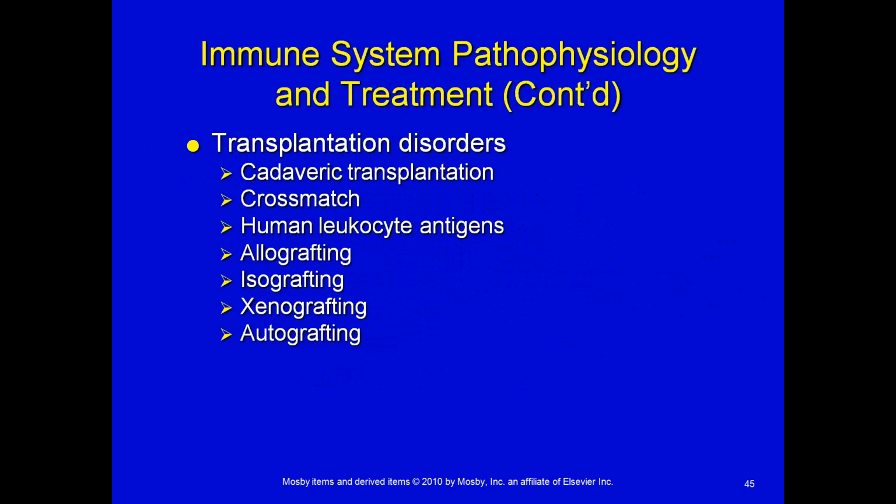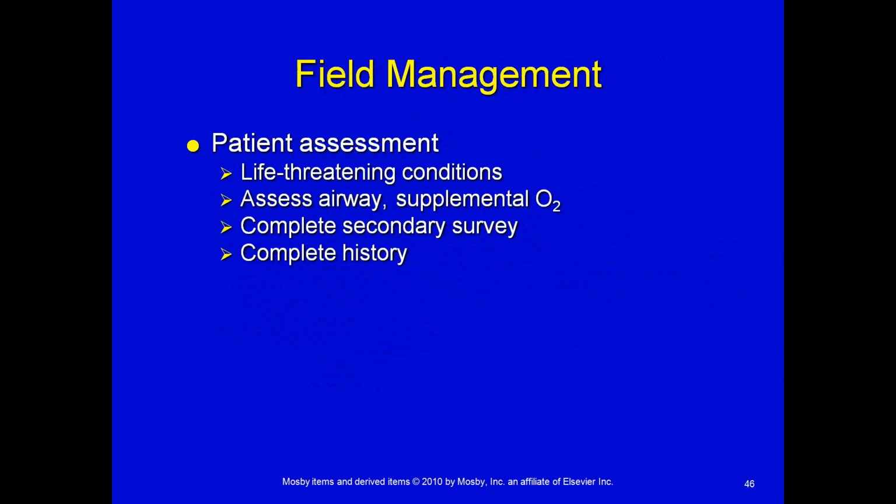Patients who do have transplants take a variety of medications, anti-rejection drugs, drugs to prevent the release of histamine and bradykinins, and so antihistamines and those sorts of things in order to prevent reactions. Now, your field management of somebody with an immune disorder is to do a patient assessment to determine if what they're experiencing is life-threatening.